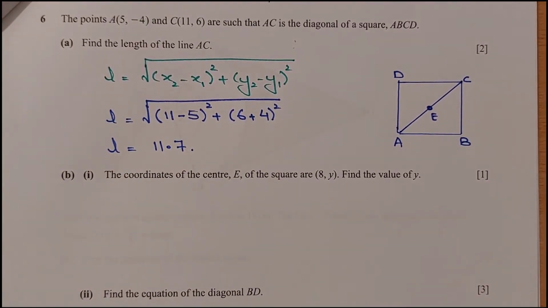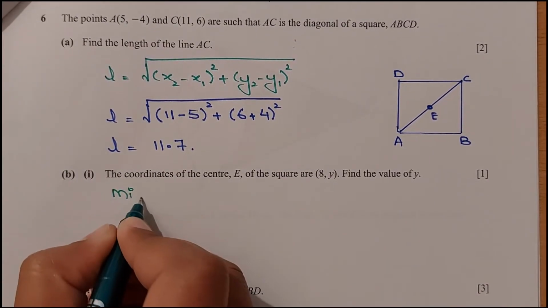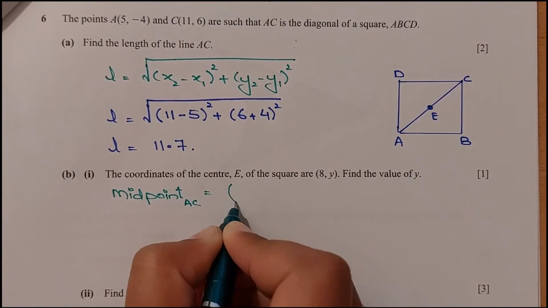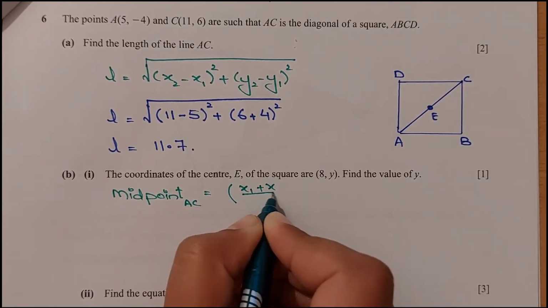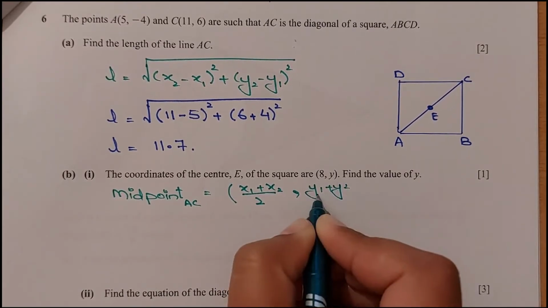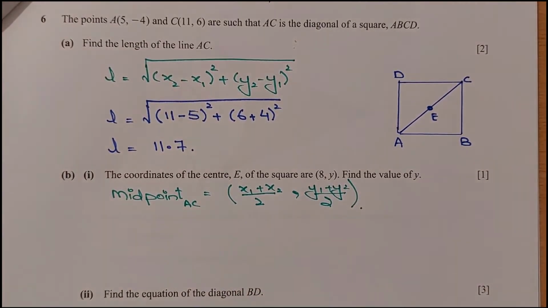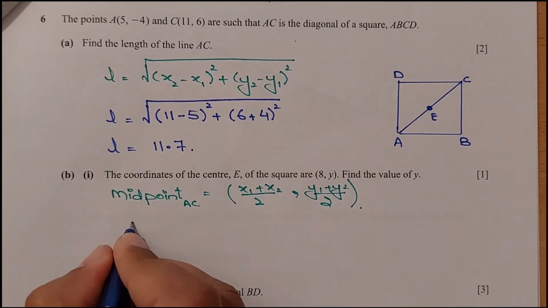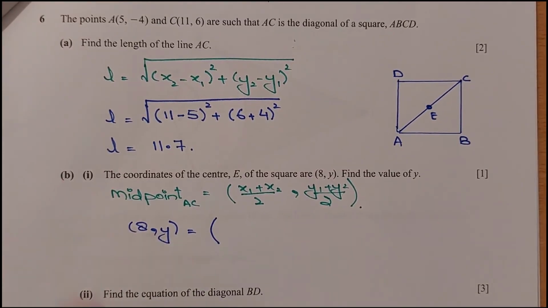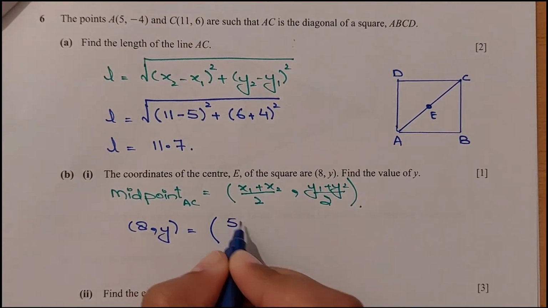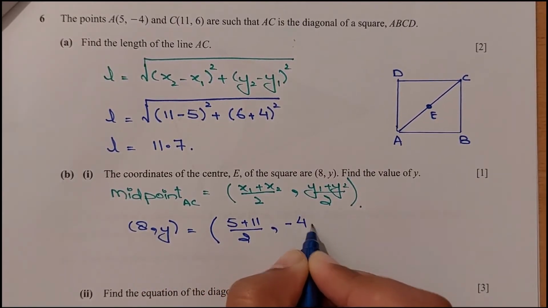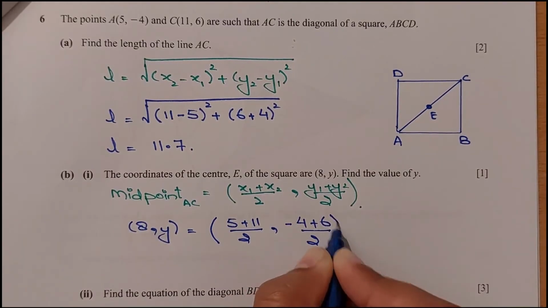And that is (8, y), right? So the midpoint formula: the midpoint of AC is (x1 plus x2) divided by 2, and (y1 plus y2) divided by 2, right? So the midpoint (8, y) equals, with A and C given, (5 plus 11) divided by 2, and (-4 plus 6) divided by 2.